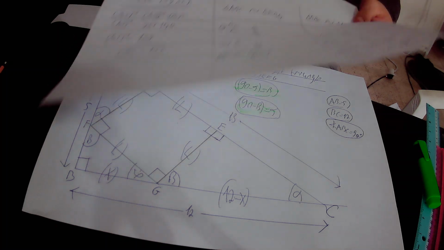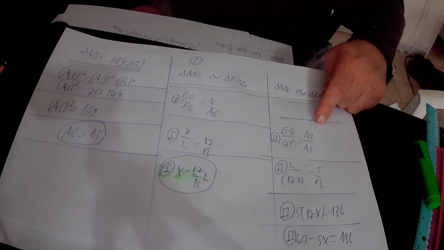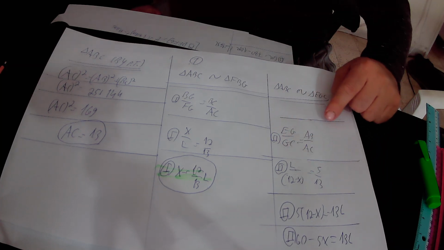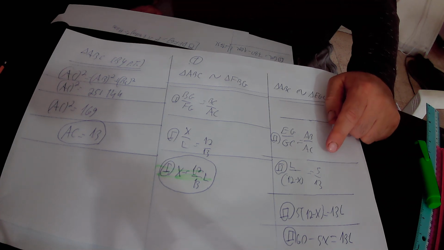I repeat again, we derive that EG over GC equals AB over AC. EG is L, GC is 12 minus X, AB is 5, and AC is 13. In conclusion, we found out that according to equation 2, L over 12 minus X equals 5 over 13.